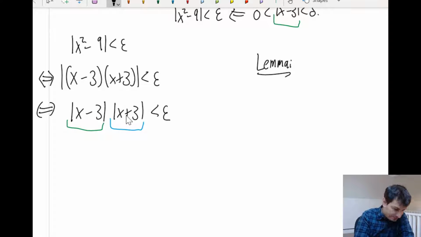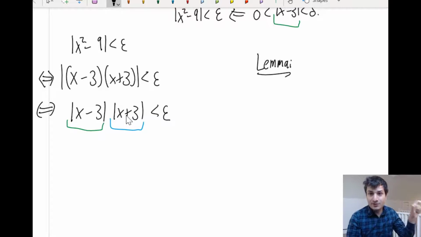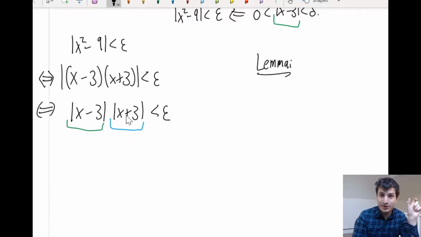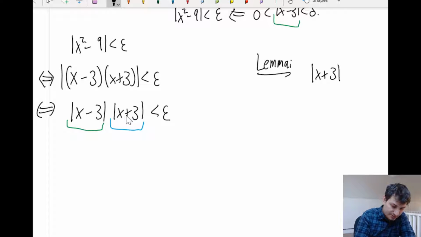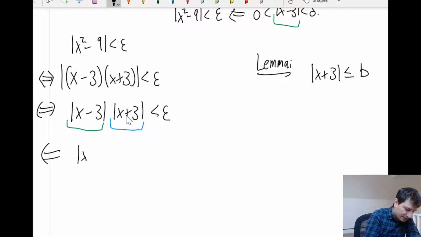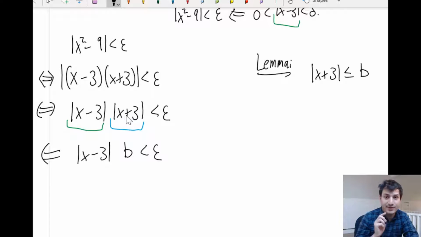Because x plus 3 is on the left, we're going to bound x plus 3. If we can get x plus 3 less than or equal to some bound b, then we'll be able to use the left-hand rule and replace this with b, and then we'll be in business. So that's what we're trying to do: find a bound b for x plus 3.